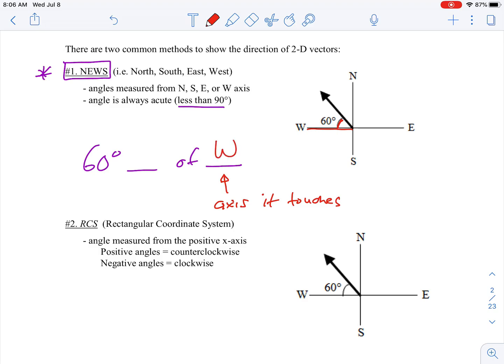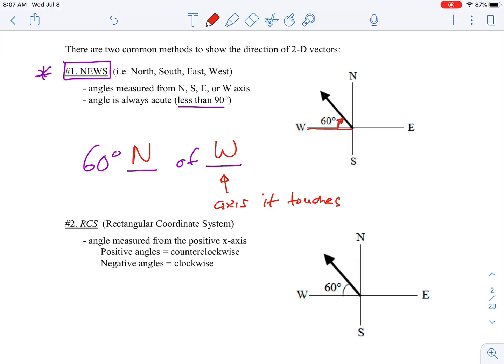So this is kind of where you're starting your angle. Now the first one is where you go from the west, and you'll see that you're basically going up towards the north. So we would call this 60 degrees north of west. Just keep in mind the second letter is the axis it touches, or the starting axis, and then you're good to go. So that's the NEWS approach. So we use this almost every single question.